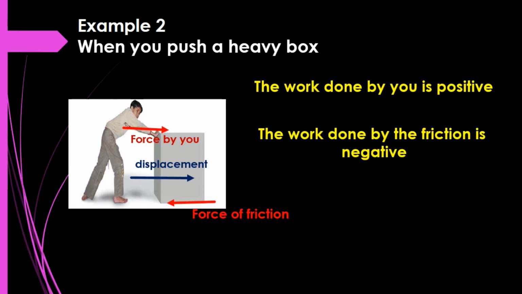That means the angle between the gravitational force and the displacement is 90 degrees. Can you say what is the work done if theta is 90 degrees? Yes. As the gravity and displacement are perpendicular, the work done by gravity is 0.